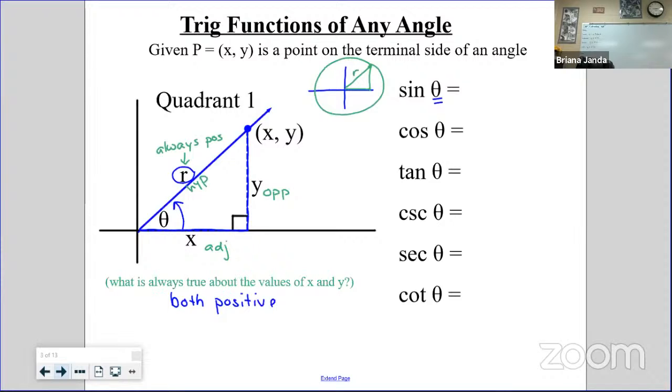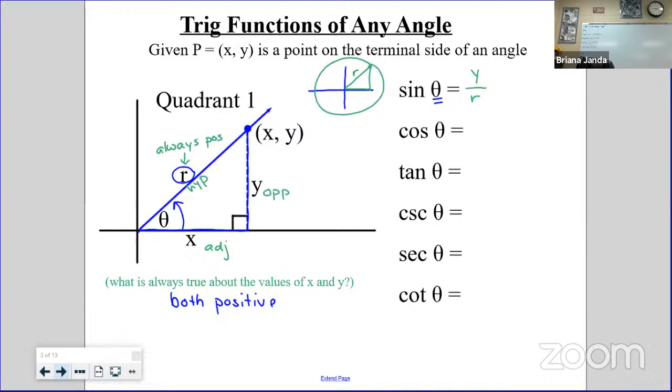Knowing that moving right and then up creates that right angle. Okay. And so then, what would my trig functions be? Well, sine would be my opposite side over my hypotenuse, which would be our y value of that point over whatever the hypotenuse of that triangle ends up being, so the square root of x squared plus y squared.